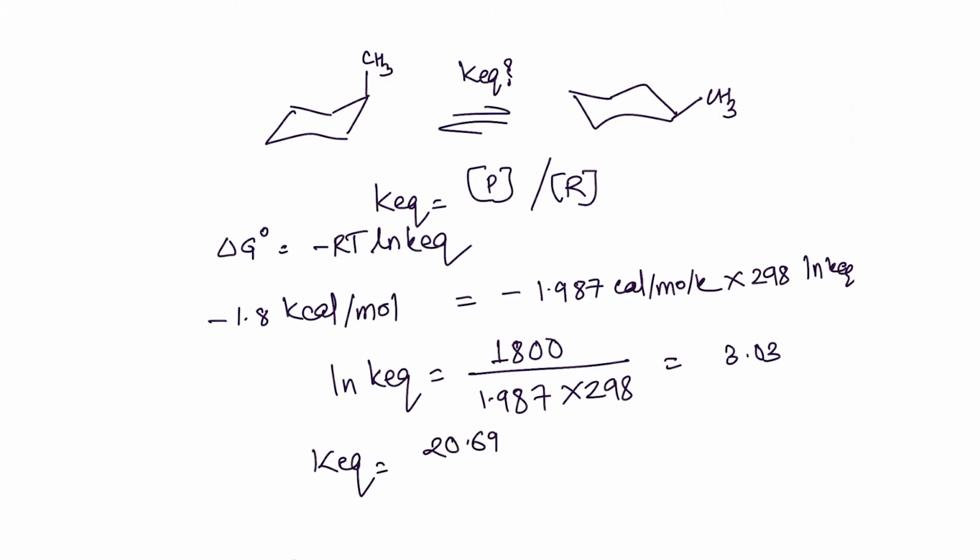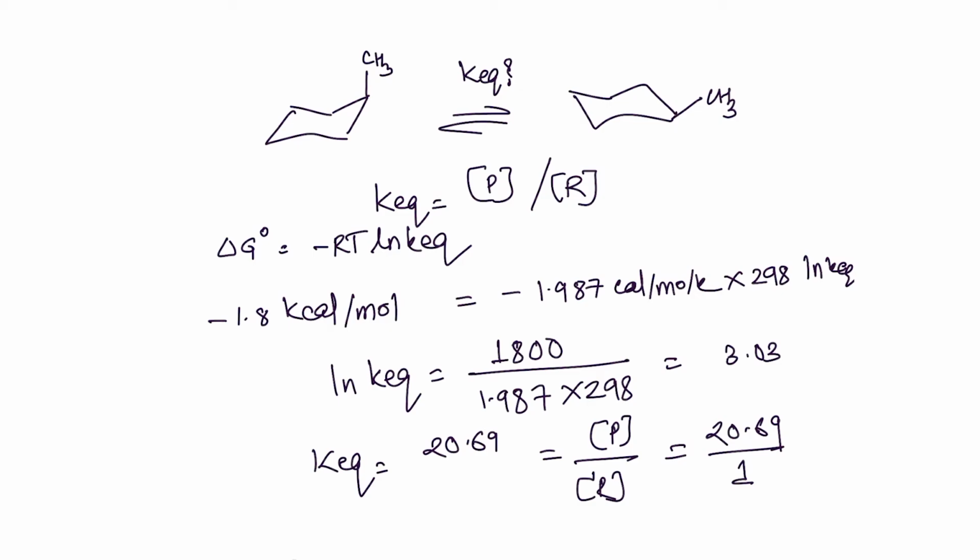But what is KEQ? KEQ is concentration of products over concentration of reactants. And so, 20.69 I can also state as 20.69 divided by 1. So, if I take this particular cyclohexane and ask, at room temperature, what is the ratio of the molecules that have the methyl group in the equatorial position to those with the methyl group in the axial position, the ratio is approximately 20:1.